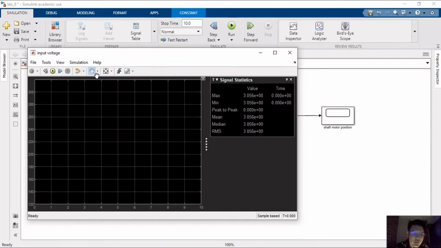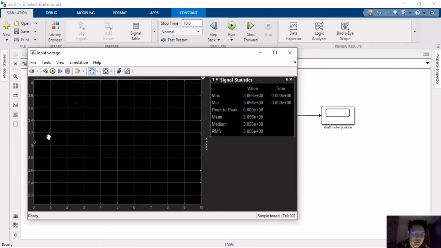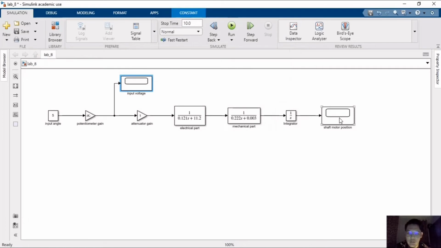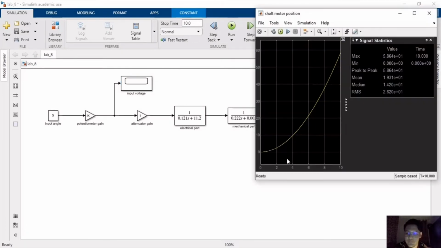As you can see here, the input voltage value is 3.056, and for the shaft motor it is 5.864.